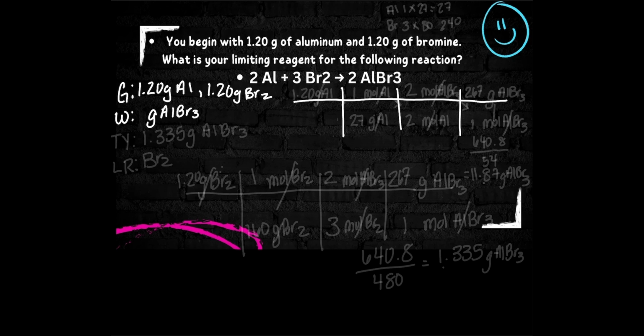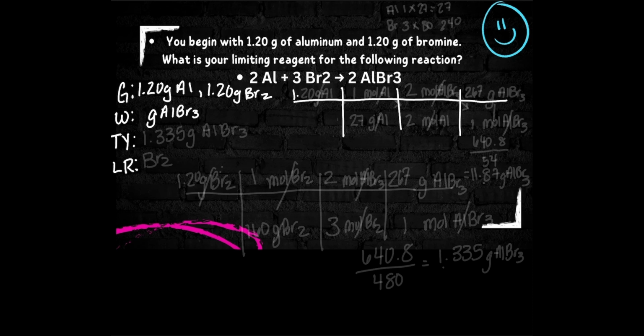Okay. Now, I also want to note that not only are we going to find the limiting reactant, we're also going to find the theoretical yield, because that is going to be essential to us being able to identify the limiting reactant. Okay. So let's go ahead and set up our chart.